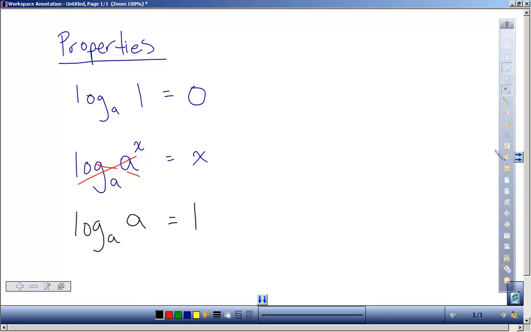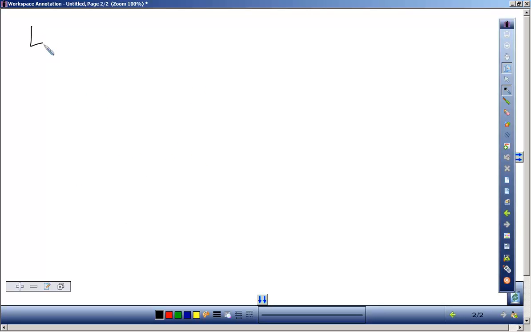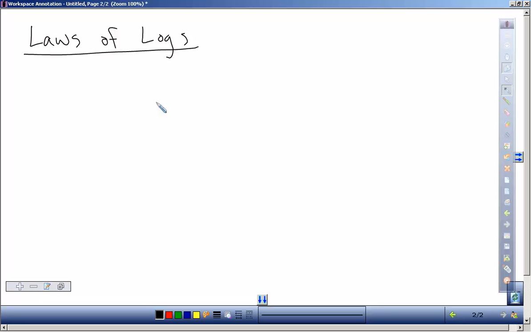When we generally talk about properties of logs, there are 3 basic laws of logs that you want to talk about that have to do with the laws of exponents, and we want to remember those, okay? One of those laws says that if I have a log of a times b, so this is what is inside my log.